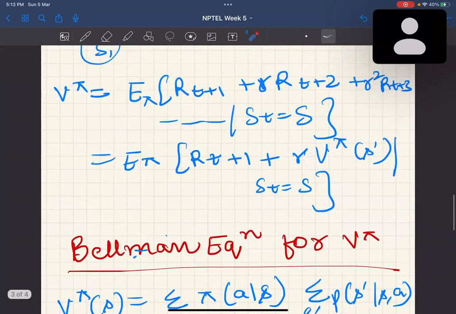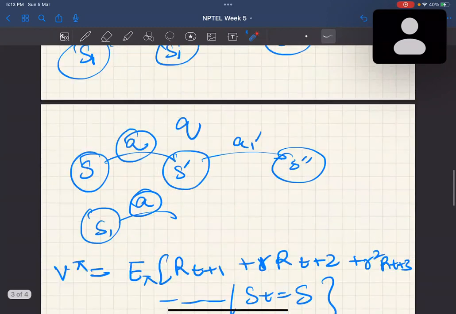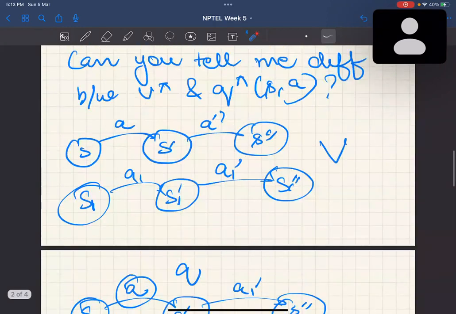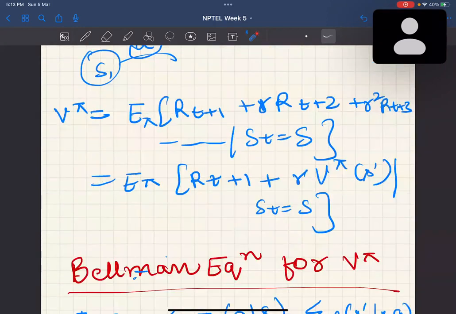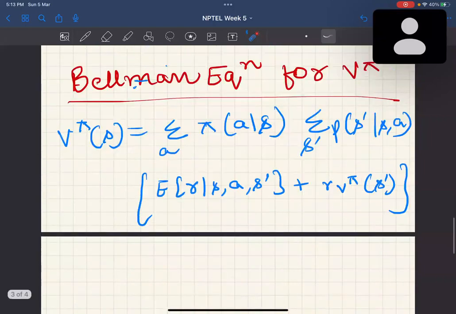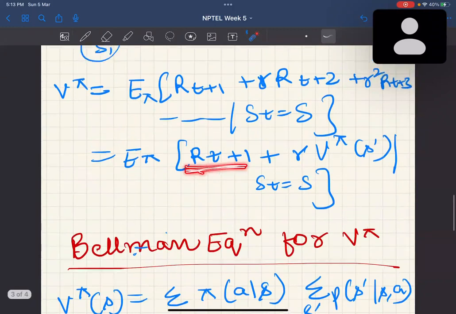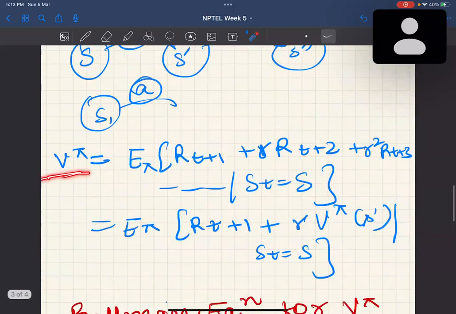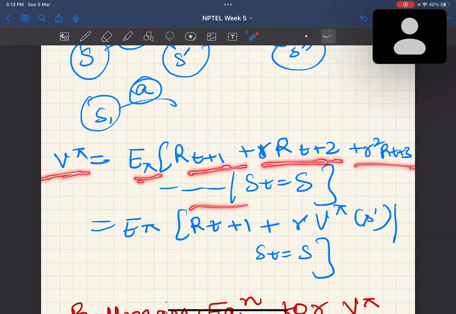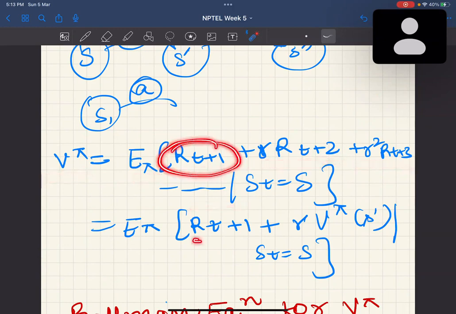If we go above, this is just the immediate reward I'm getting, R t+1. V pi is equal to the expectation of R t+1 plus gamma R t+2 and so on. This R t+1 I have written here.